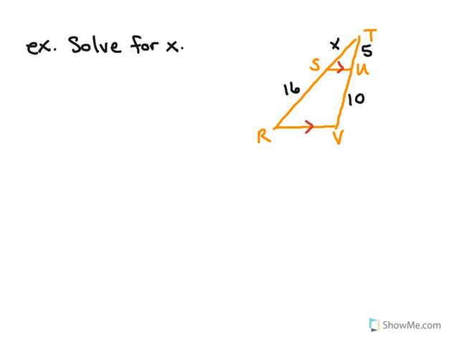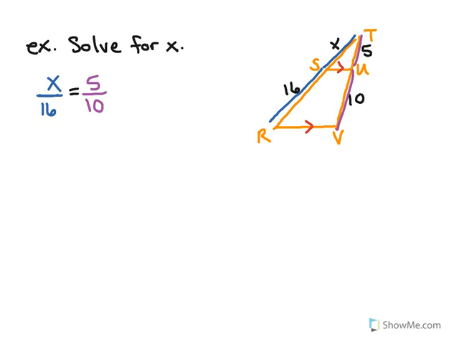When I start solving this, I'm going to set up my proportion like this: X is to 16 as, what's the other pair? TU, which has a length of 5, and then UV, which is 10.